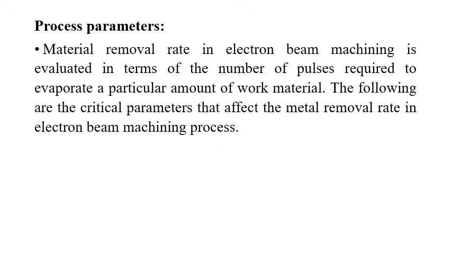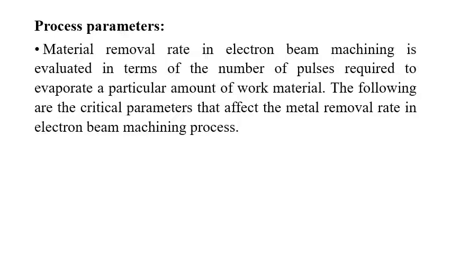Process parameters. These are the critical parameters that affect the material removal rate. Metal removal rate in electron beam machining is evaluated in terms of the number of pulses required to evaporate a particular amount of work material.